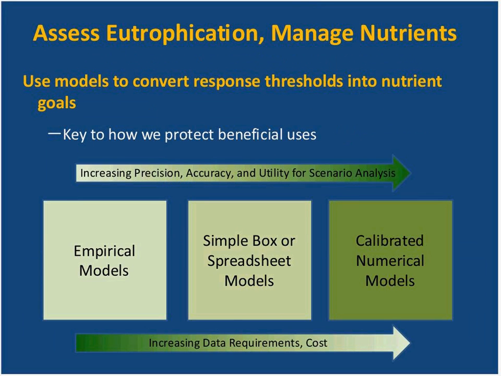So coming back to this concept, you start out with response indicator thresholds, then you're going to use models as a way of getting back to those nutrient numbers. And as I mentioned earlier, these models can be in the form of empirical statistical models based on field data. You can develop more spreadsheet models based on mechanistic relationships, or numerical models.